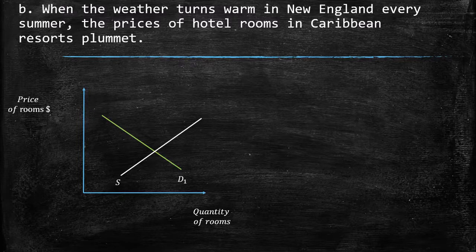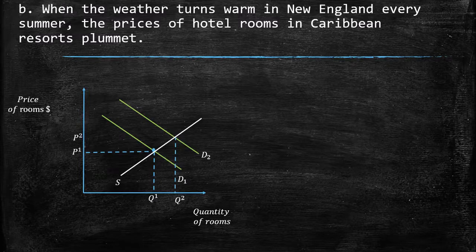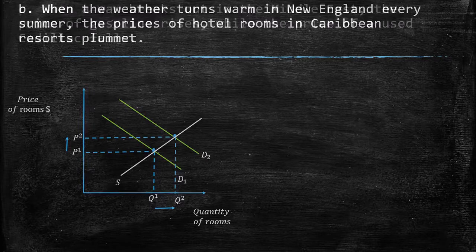More people go there. So where is the effect? Here we have the Q1 and P1 of equilibrium, and afterwards, given this change, there is going to be an increase in demand. So the prices and quantities are going to both rise.